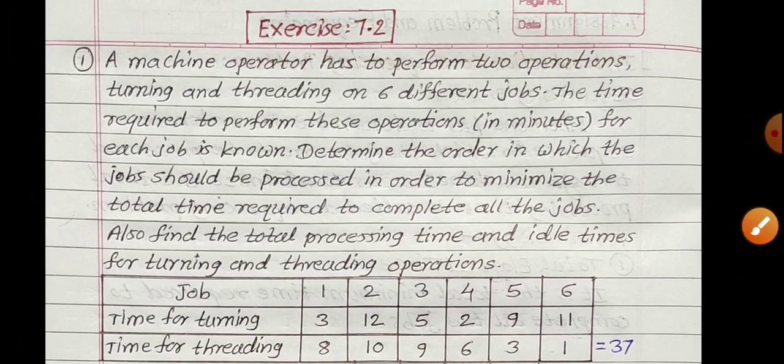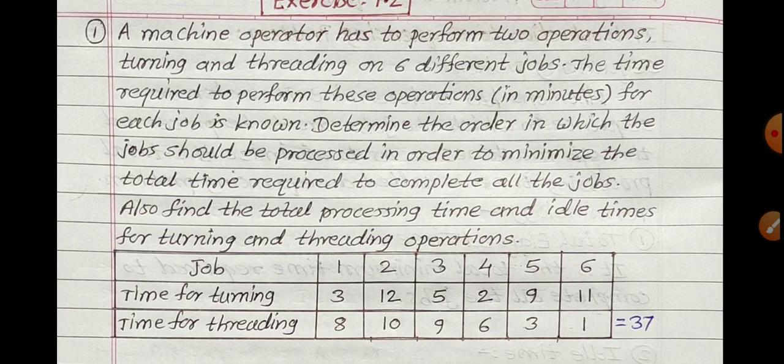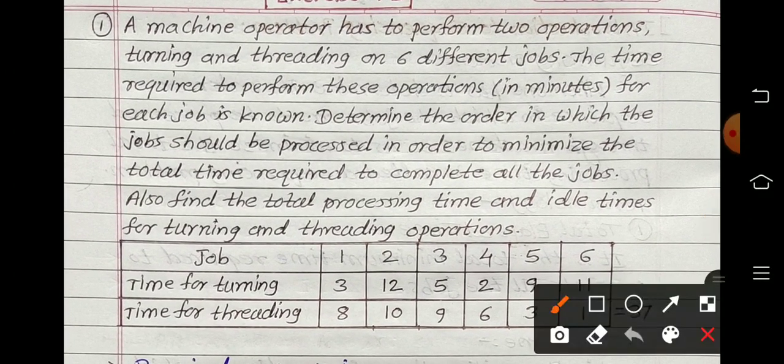Now the first problem. We start exercise number 7.2. The question is given here. A machine operator has to perform two operations, turning and threading, on 6 different jobs. The time required to perform these operations, given in minutes, for each job is known.